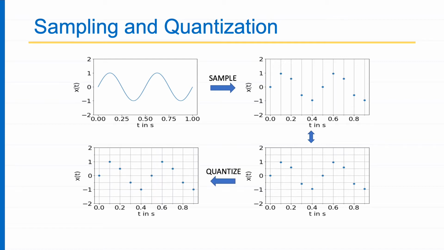That is why I quantize it, which means I bring these points on the grid. Let's say this was slightly away from the grid, it comes to the grid. This point was slightly away from the grid, it also comes onto the grid. So this is called quantization. I have quantized my values to certain fixed levels. So this is sampling and quantization.